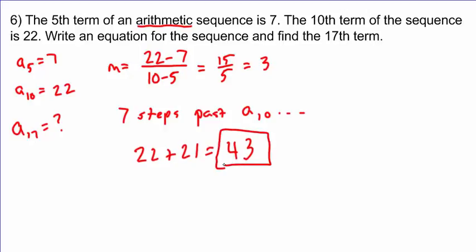That's the 17th term. Using a little better notation here, a sub 17 is equal to 43. Again, we'll look at some formulaic ways we can do that as we move ahead, but for now we're going to use some logic and consider the concept of slope and how that would apply.